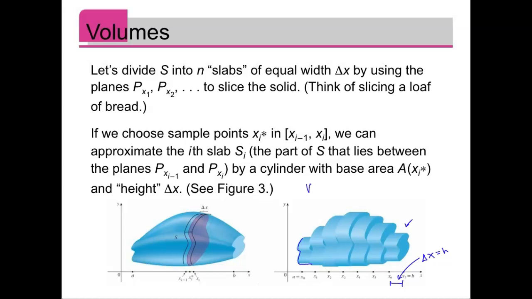All right, so the volume right now equals the sum of all the individual volumes. How am I finding the individual volumes? I'm doing the area of the slice at that specific index and I'm multiplying it by the height, which is delta x, right? From i equals 1 to n. But you told me that if I want exact volume, I'm going to have to use how many subintervals? I'm going to let n approach infinity. Well, what happens then to my notation here?